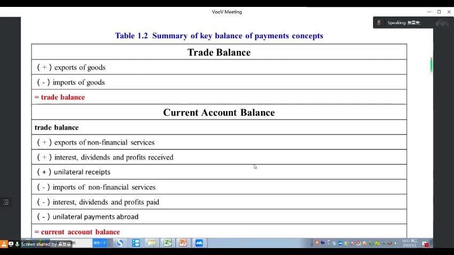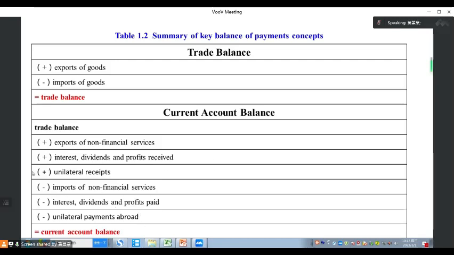Now we should remember the meaning of current account balance. There are so many items: three plus items and three minus items.